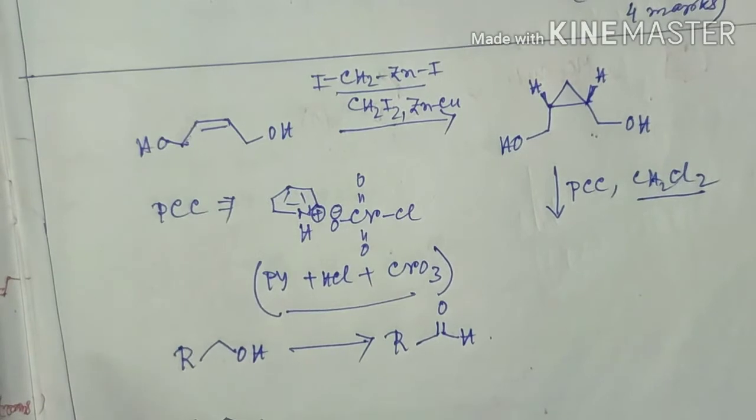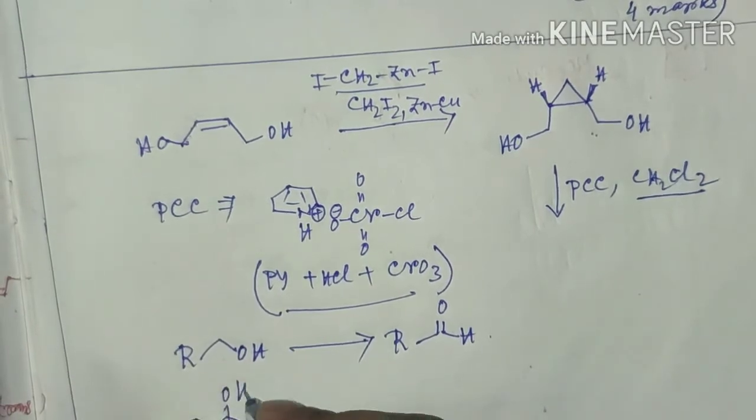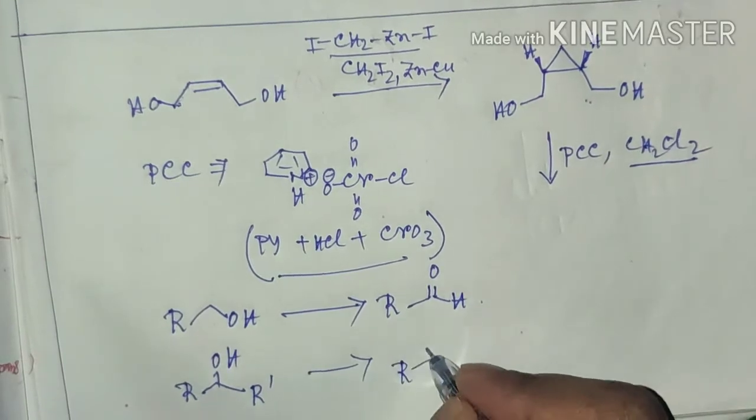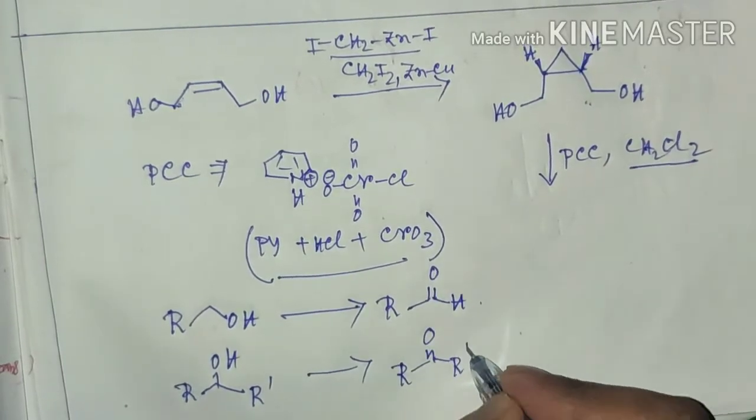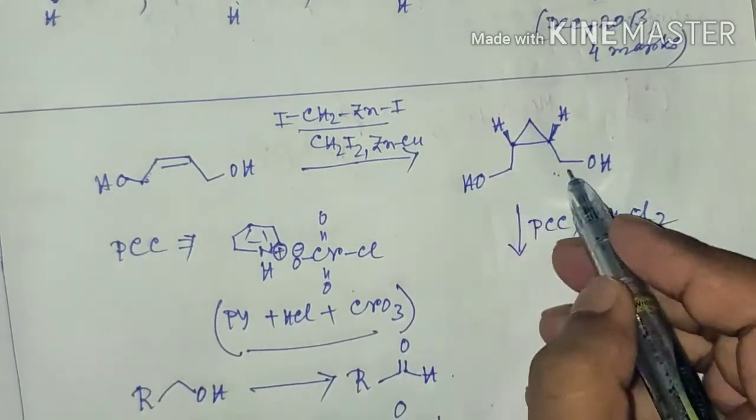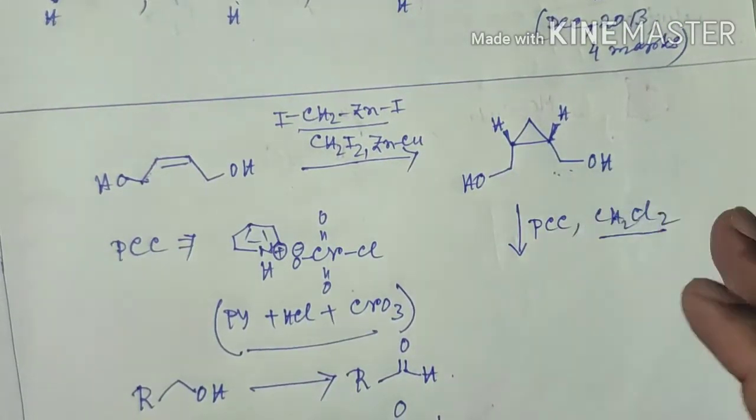And if we take a secondary alcohol, then the product will be a ketone. Is it okay? Now in this case we can see that both alcohol groups are primary alcohols.